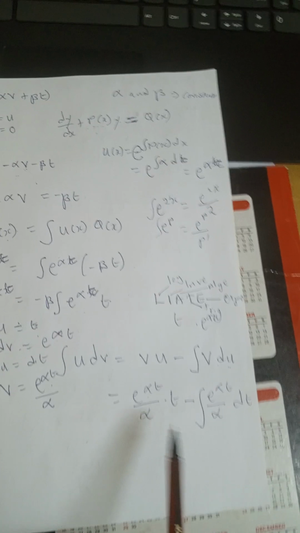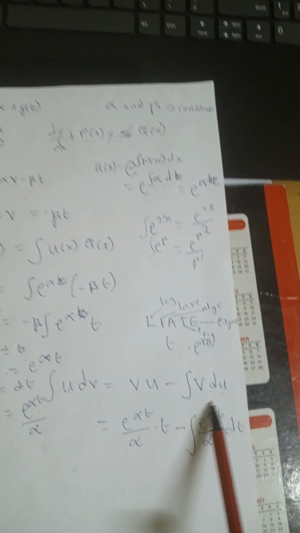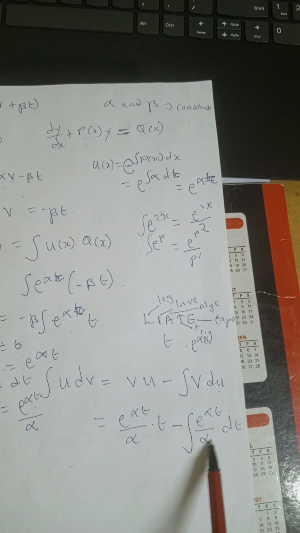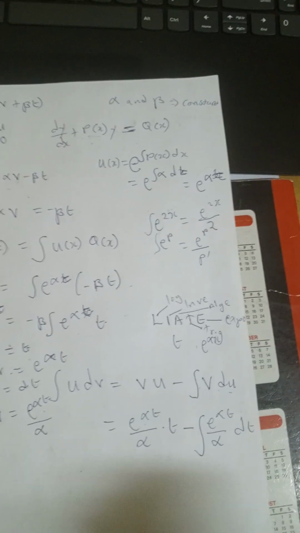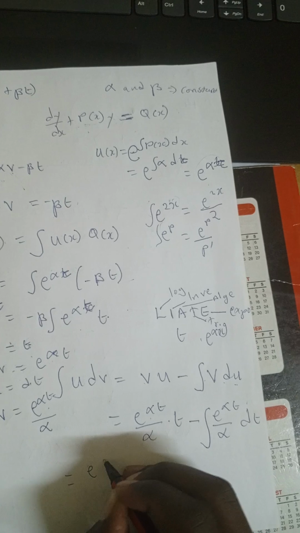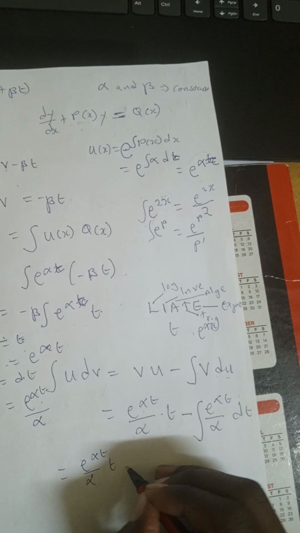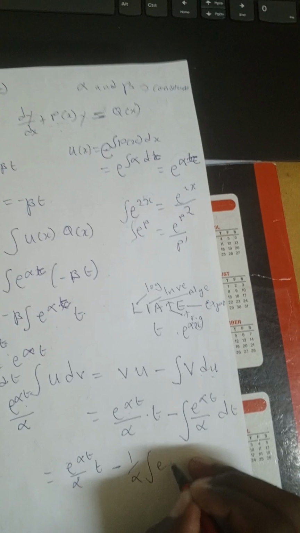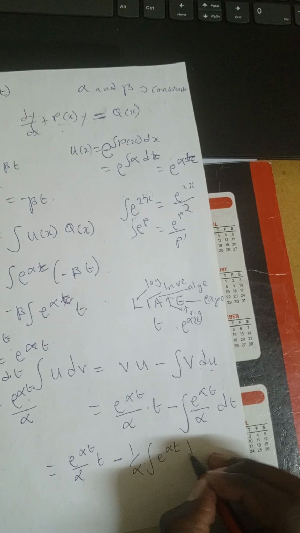Now from here we can see that this we can integrate. We can just factor out the constant, which is 1 over alpha, and then integrate that. So this will all turn out to be exponent alpha to the power t over alpha multiplied by t, minus that 1 over alpha, then the integral of exponent alpha t dt.